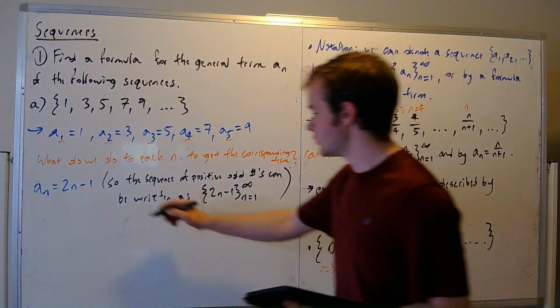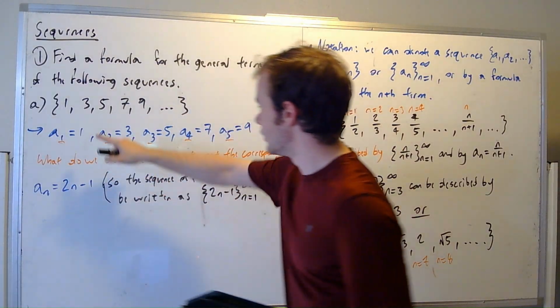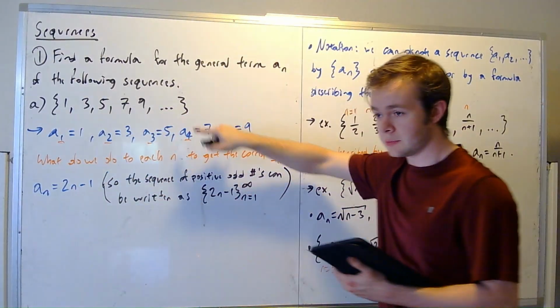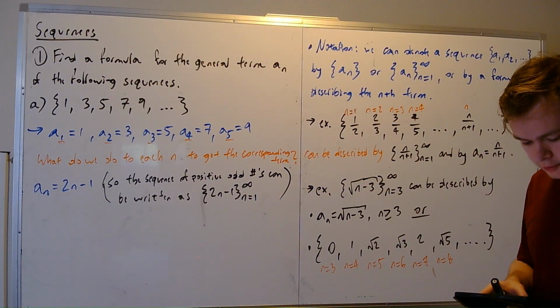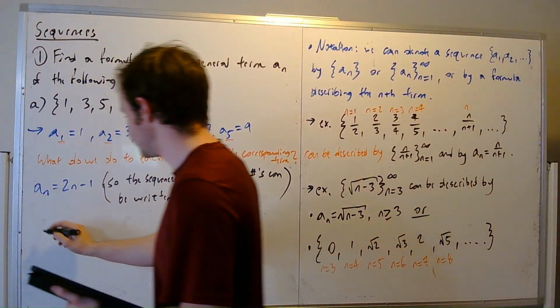Right, so that's what we concluded here, right? Because this was the sequence of positive odd numbers, and we figured out our formula for each of these. Okay, so let's look at part B.